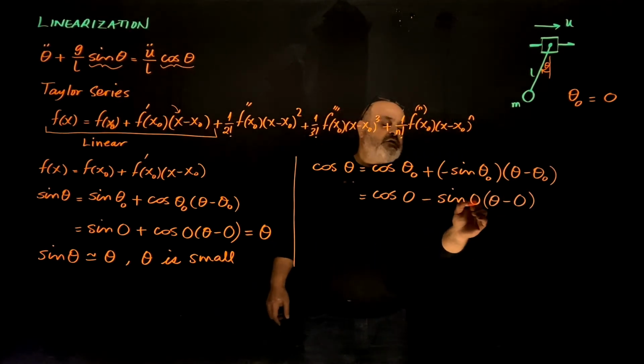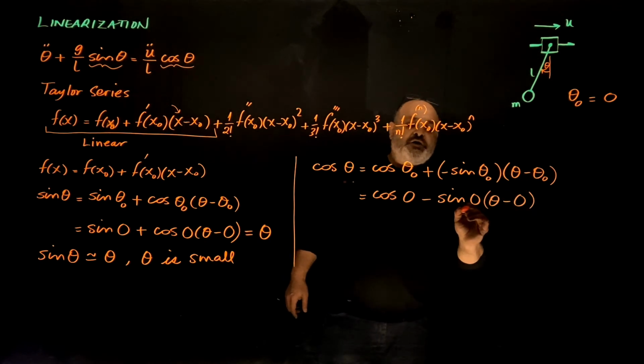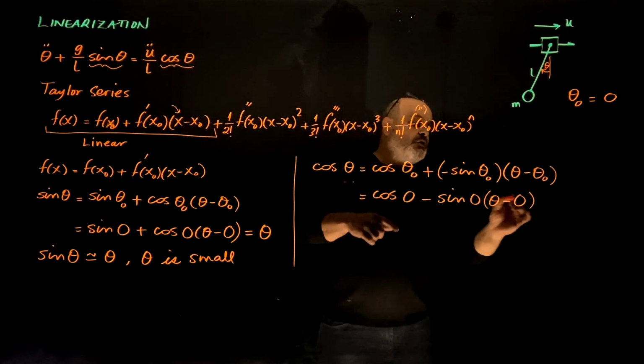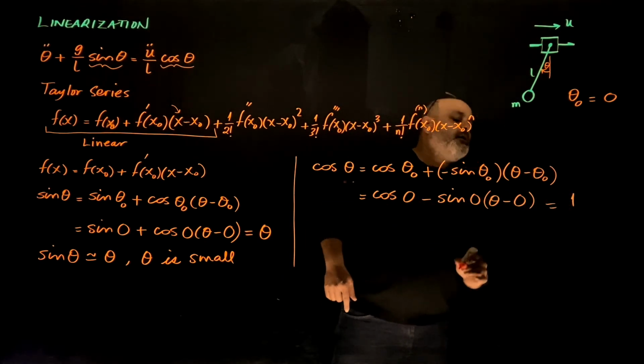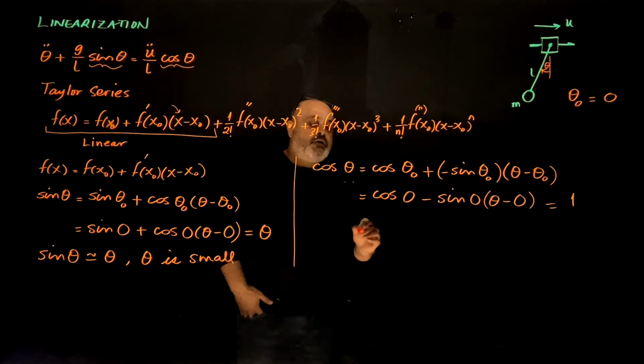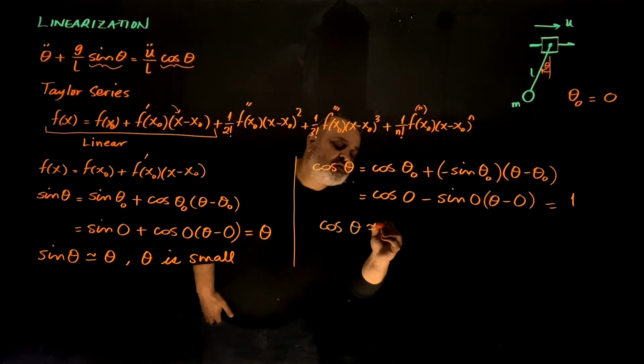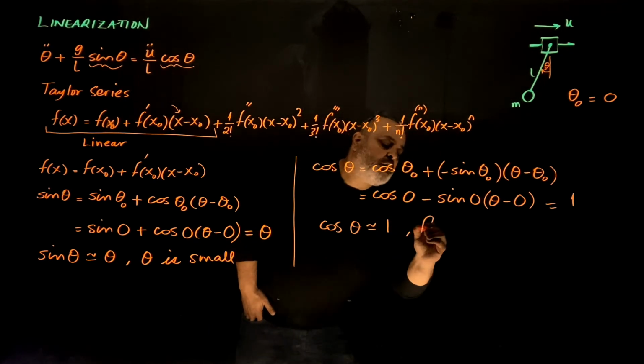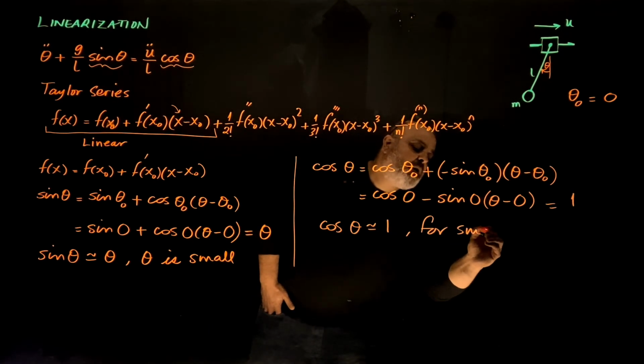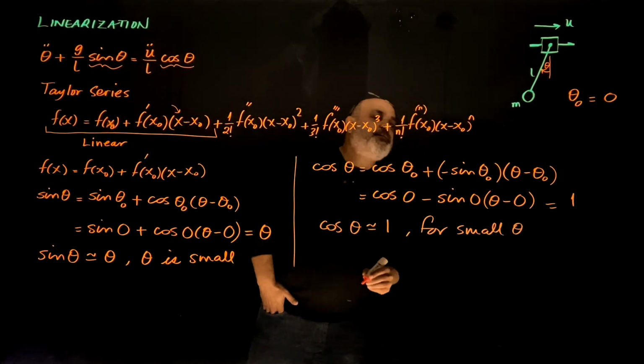Sine of 0 is 0, so this whole thing goes to 0, and cosine of 0 is 1. So cosine theta is approximately 1 for small theta.